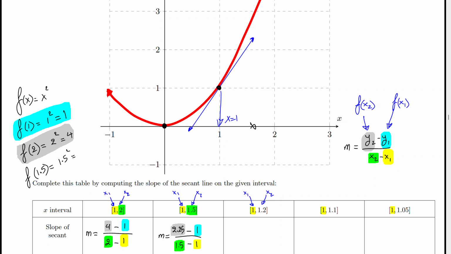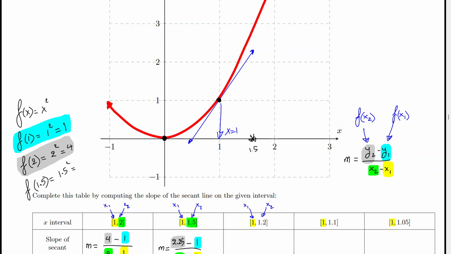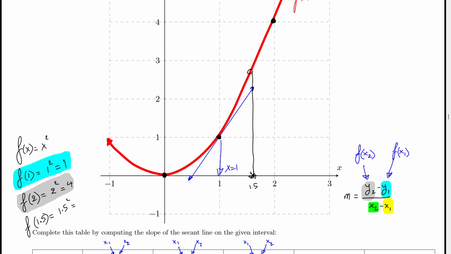So 1.5 is somewhere roughly here on the x-axis, and if I trace it to the curve, that will be that point right there. So if I connect these 2 points with one another, I'm going to get some kind of a line. We know it's slightly different than the blue line, and its slope is the one we just determined. So obviously, it's not close enough, so we're going to get closer even further.